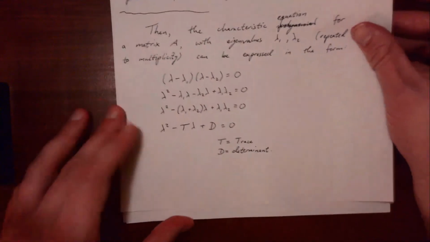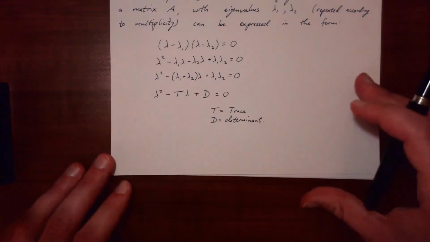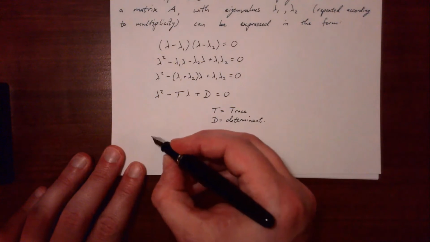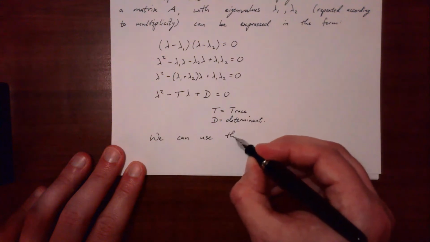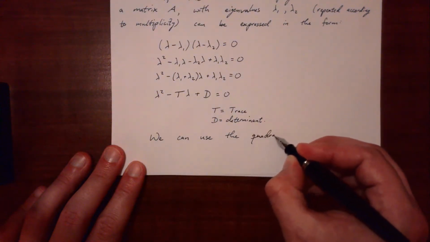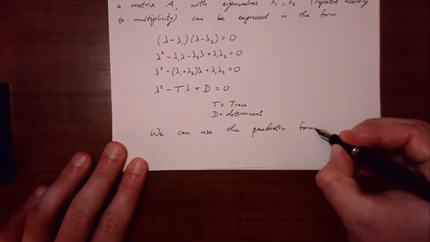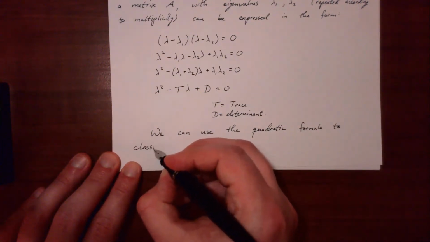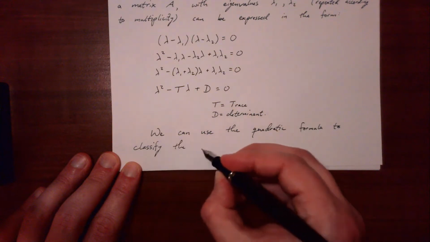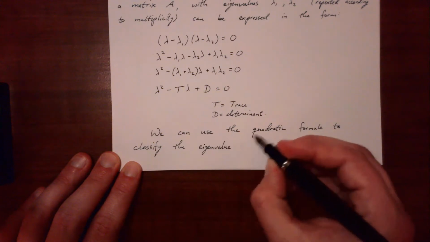Now, then, the different scenarios that we've been discussing can be all derived from the quadratic formula applied to this. So then, we can use the quadratic formula to classify the eigenvalue possibilities.